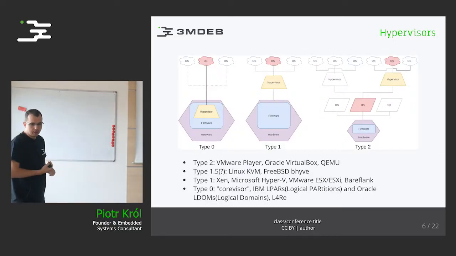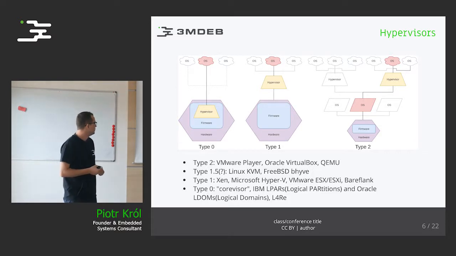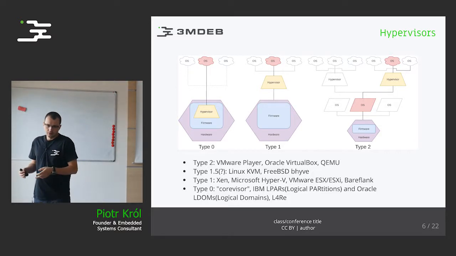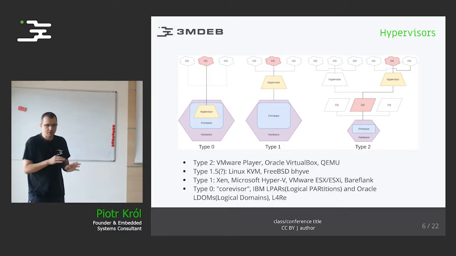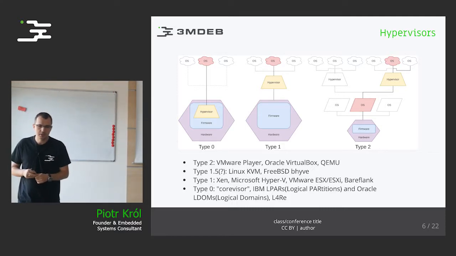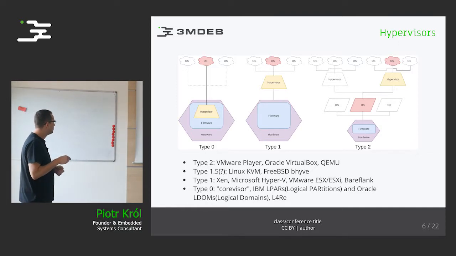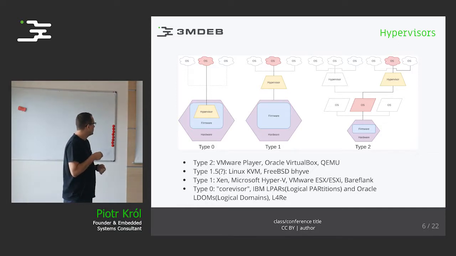Hypervisors are typically divided into two groups, type 1 and type 2, but we also define type 0. It's mentioned in some papers, but it's not official naming. We define a type 0 hypervisor as a hypervisor which is built inside the firmware. So we have hardware, firmware is a part of the hardware, and in the firmware we have a hypervisor, and this hypervisor can start some OSs or some applications.